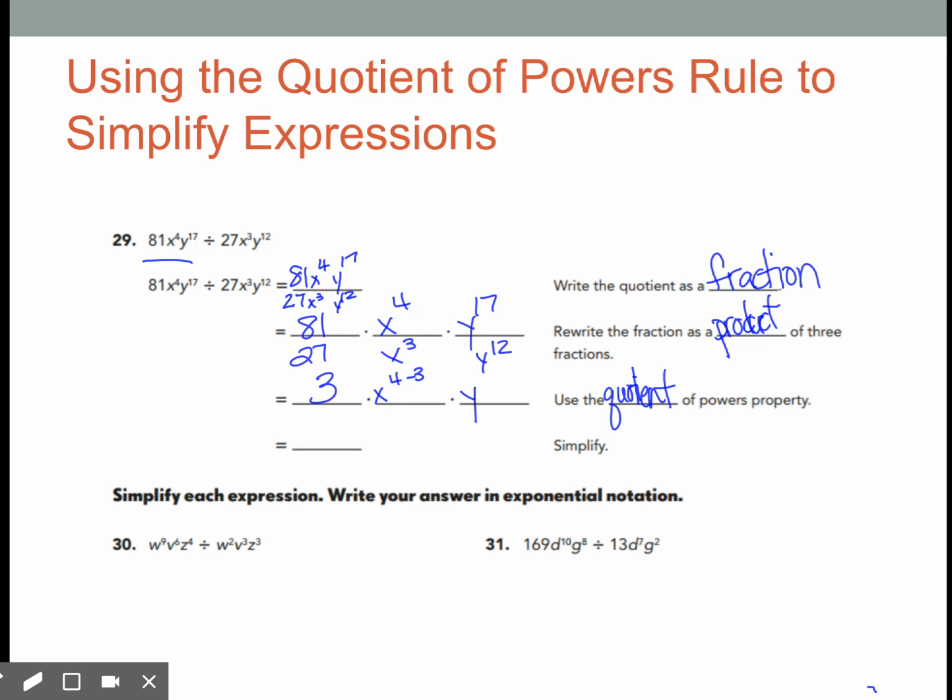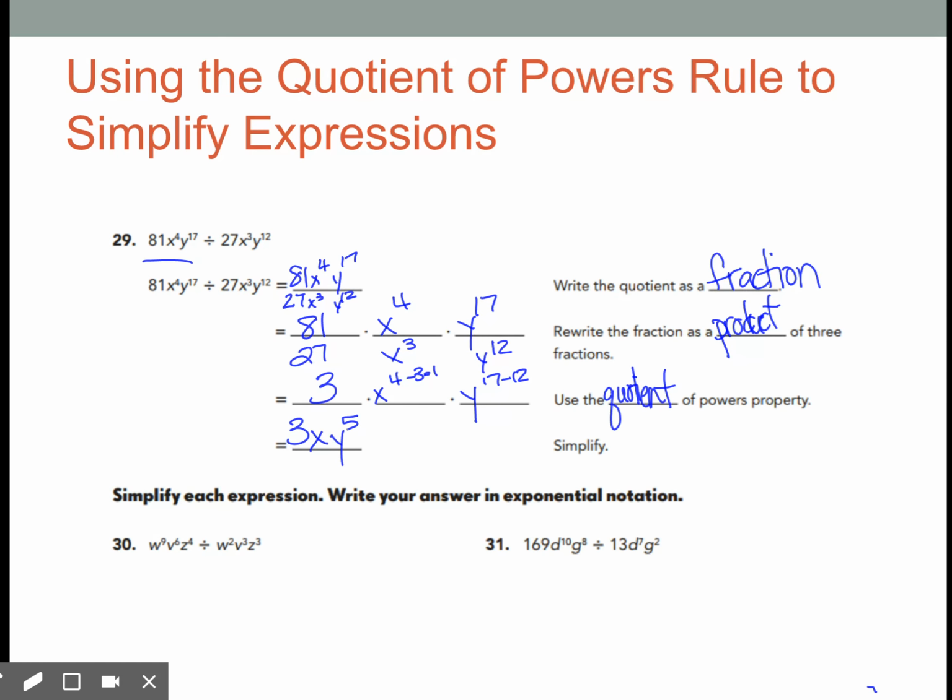Keep the y, and do 17 minus 12. After doing all my subtraction, what I would wind up with is 3x, because 4 minus 3 equals 1. So I'm just going to leave that as x with no exponent, and y to the 5th.